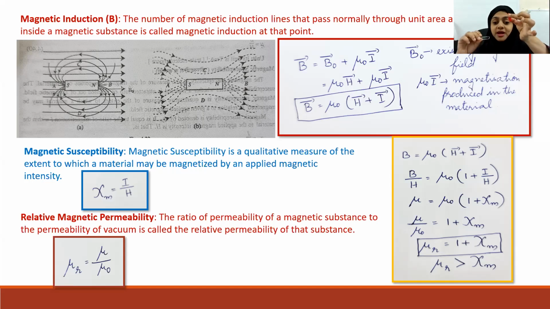Now I'm producing a magnetic field here in free space and placing a magnetic substance here so that it is magnetized. So the magnetic induction inside this will be equal to mu naught times (H plus I), where H is the applied magnetic intensity and I is the intensity of magnetization. So the total magnetic field inside the magnetic substance will be this. Is it clear?